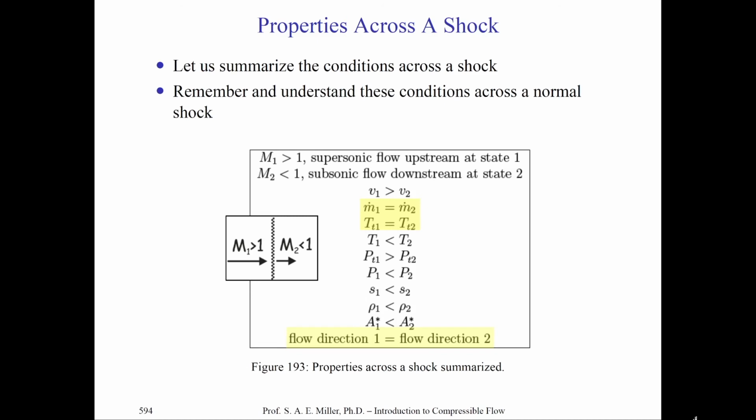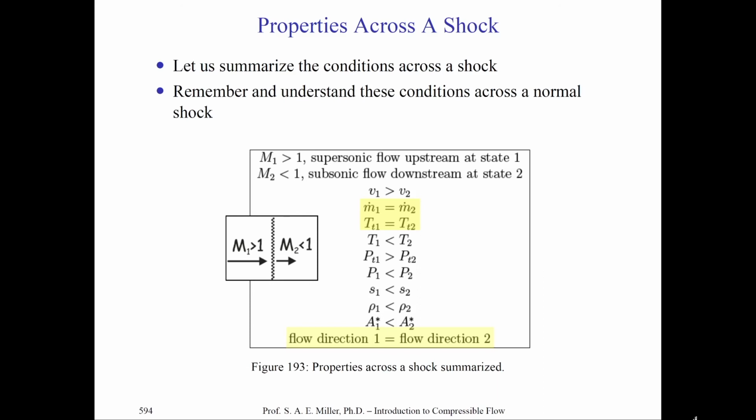At this point in this class, let's just remember and summarize properties across a standing shock. Remember these relations and conditions to check your work as you're solving problems. If you come up with a solution and you violate any of these trends for standing normal shocks, you know you've made a mistake. Remember, velocity decreases, mass flow rate is the same. The total temperature or stagnation temperature across the shock is the same.